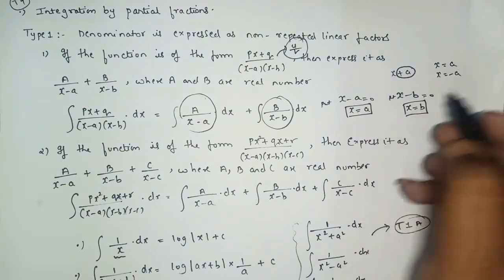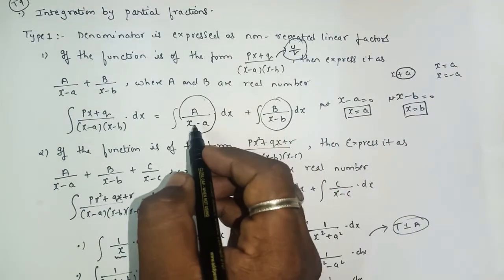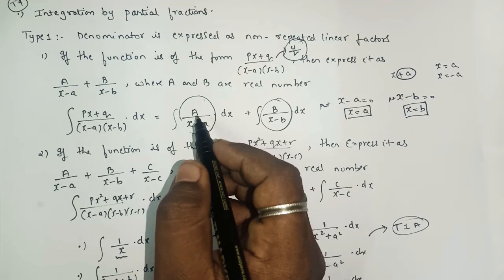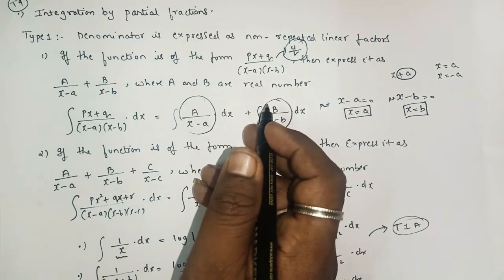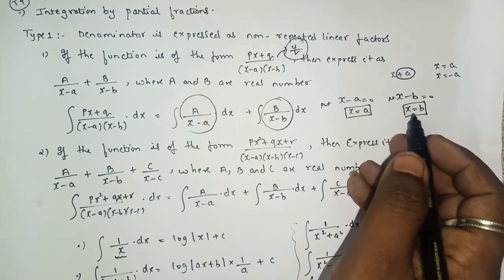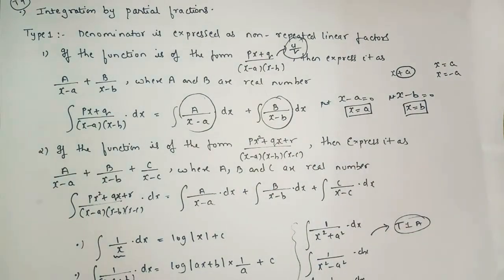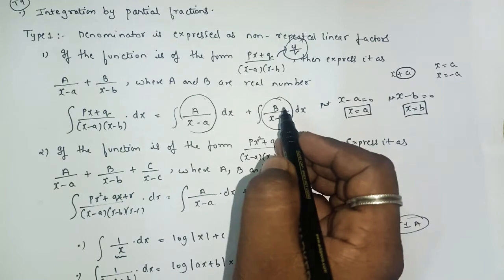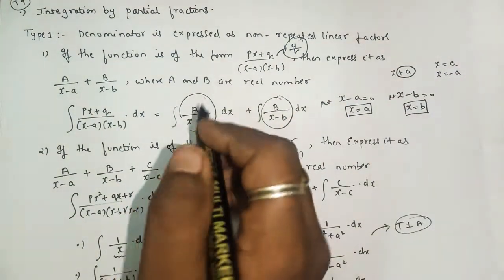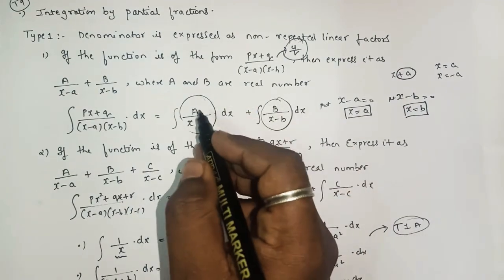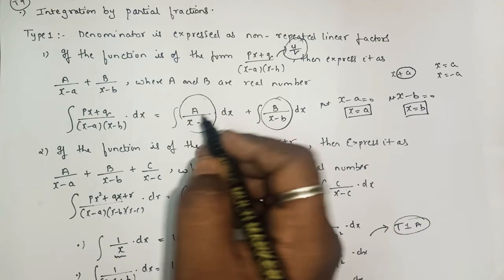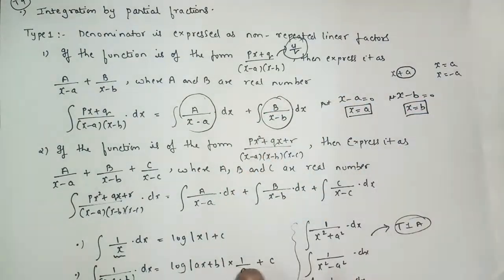After putting one value of x, we used to get the value of A or B. After replacing the second value of x, we used to get the second value of A or B. After finding A and B, we replace their values and then simply integrate the required function with respect to x.